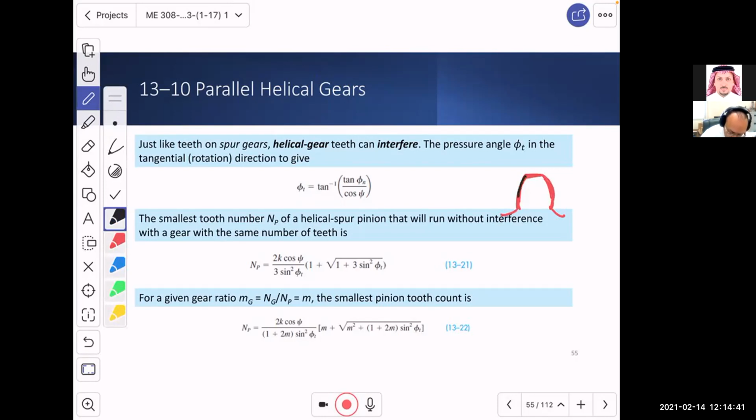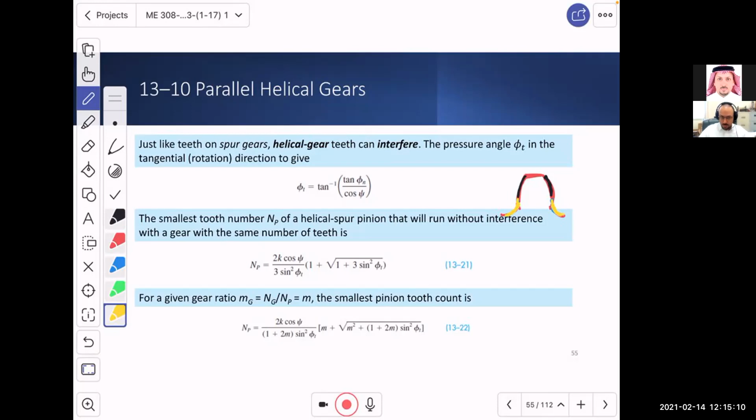We said that, for example, we can think of the black portion of the tooth to be involute, and this part, which I'm now marking with the blue, or if you want, I can mark it with yellow, is a non-involute, which will end up causing you a non-conjugate action, which we don't want.